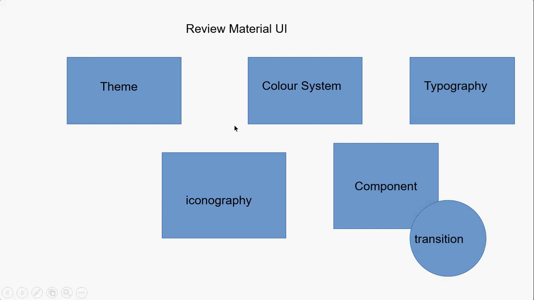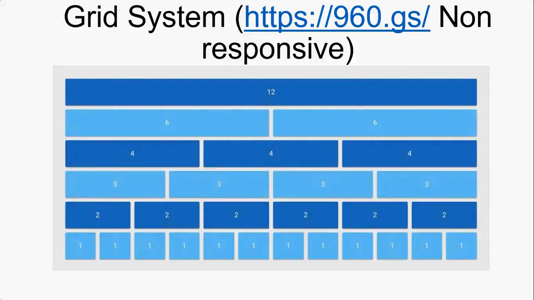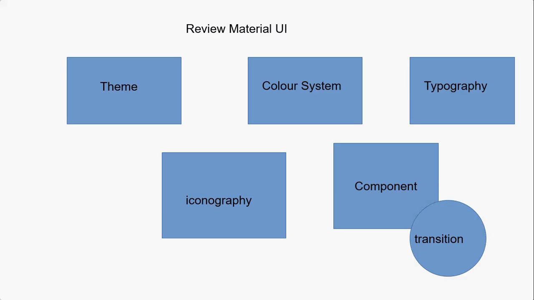By using the color system, we can apply themes for our Material UI. Material Design gives us a specification for the color system. By using this specification, we can apply our colors to the UI in a meaningful way. It provides the primary and secondary color.